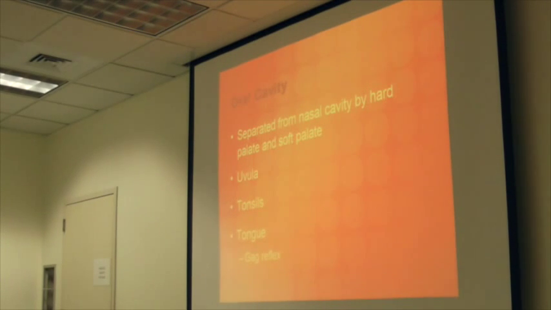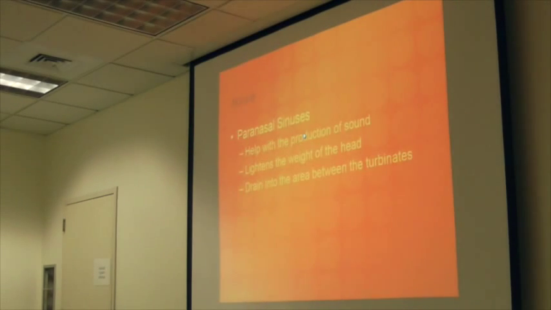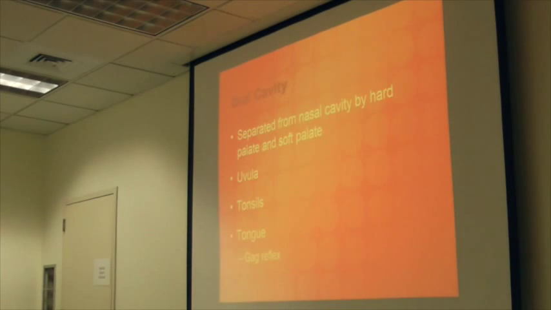The uvula. There's a projection of something that hangs down in the back of your throat. This shows it as a side view, but when you open your mouth really wide and look at the back of your tongue, you see something hanging down. And just like everything in our body, everything has a purpose.